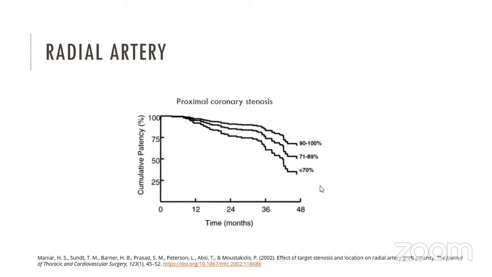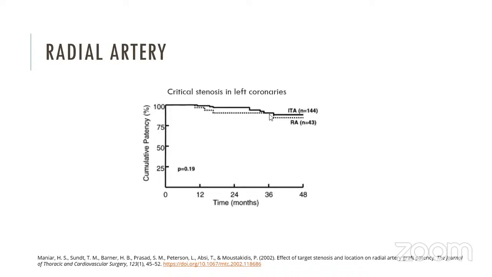To illustrate this, if you anastomose the radial artery to a target that has critical proximal stenosis of between 90 to 100%, it has excellent patency. However, it decreases dramatically if the target has proximal stenosis of less than 70%. This is illustrated in this graph.